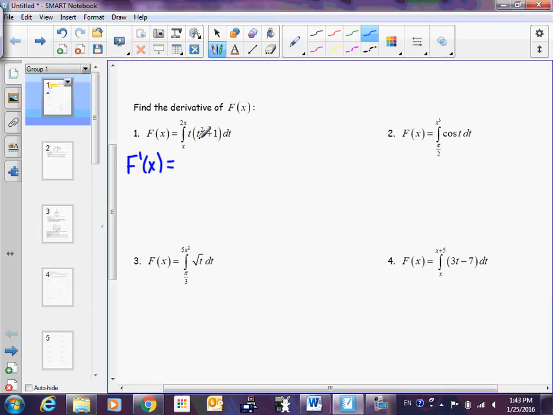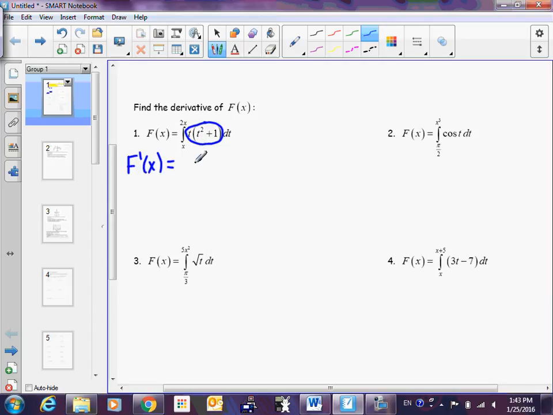When you're deriving an integral, your function is going to stay the same, except you have to deal with your bounds. What does the first fundamental theorem of calculus say we have to do with those bounds? So last week, you plug them in, and which one do you plug in first? You plug the top one in first.